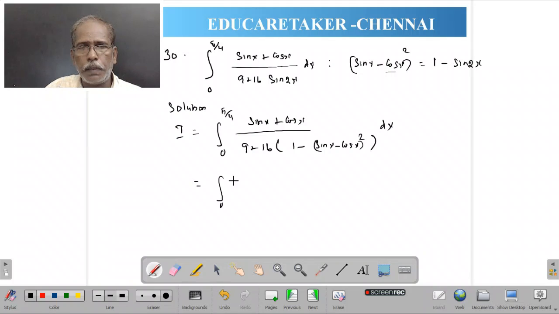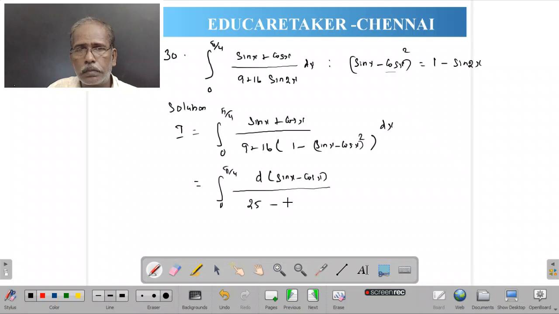Then 0 to pi by 4, the numerator sin x plus cos x. The derivative of sin x is cos x, the derivative of minus cos x is sin x, so the numerator can be written as the differential of sin x minus cos x. The denominator 9 plus 16, 25, then minus 16 times (sin x minus cos x) the whole square.